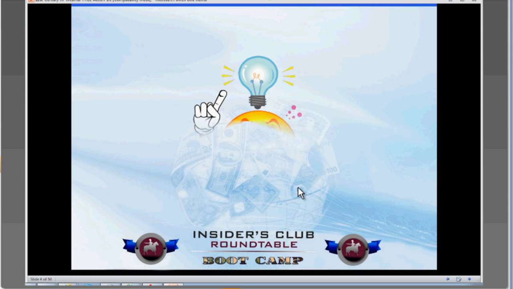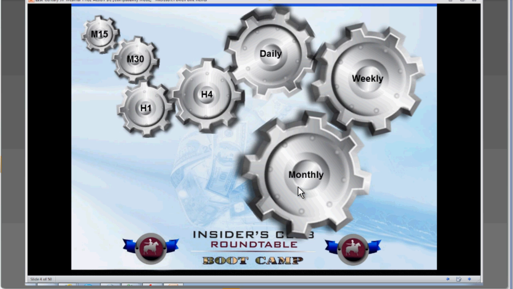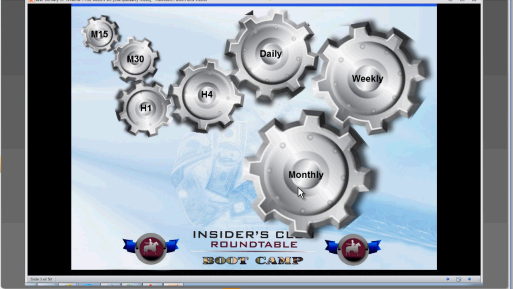The gears from the previous slide show a 15-minute chart rolling into a 30-minute, into a 1 hour, and you can see the growth of these gears.